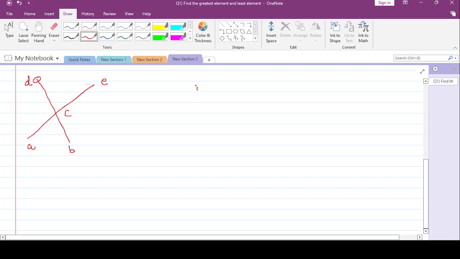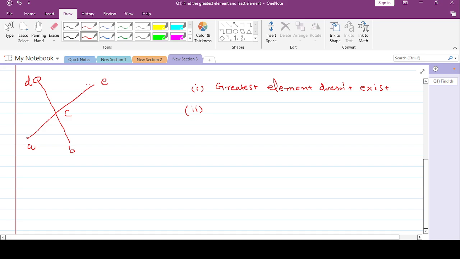Okay, and similarly E cannot be said as the greatest element because D has no relation with E. Okay, so here we say that greatest element does not exist. Okay, now likewise you check least element, it is always found at the bottom of the diagram.